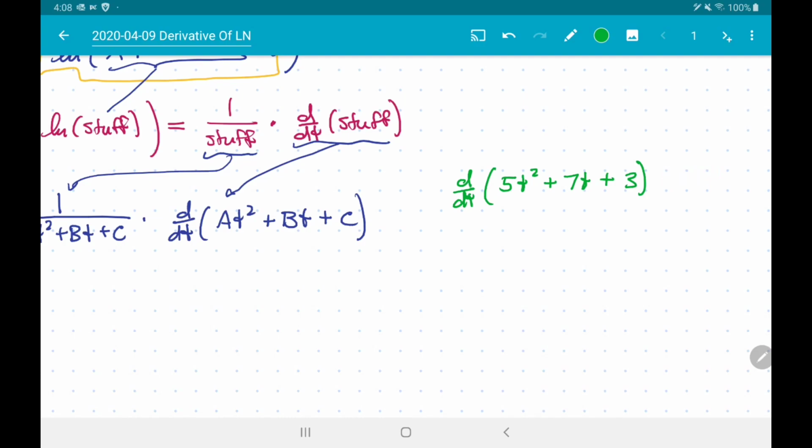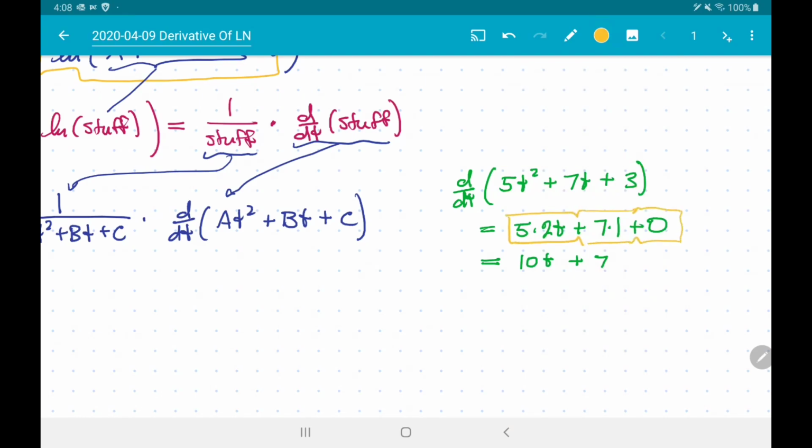Okay, let me do it out. 5 times 2t plus 7 times 1 plus 0. And usually we do a lot of this algebraic cleanup in our heads and just jump straight to 10t plus 7. But if you look at what we did, when you do the derivative of a sum of pieces, remember you do the derivative of each piece and then add and subtract the pieces back together. So that's what you're seeing here.